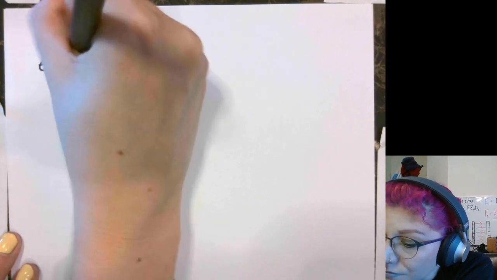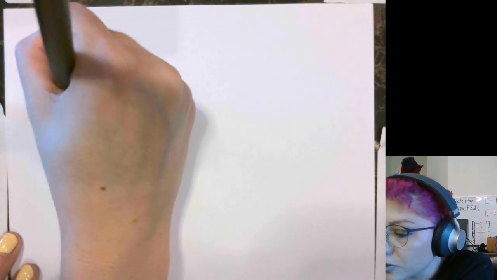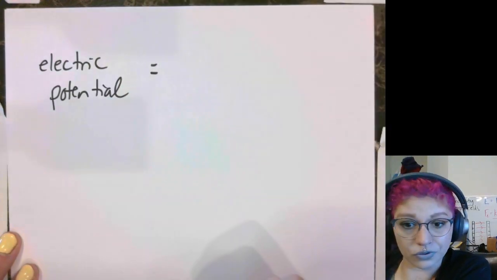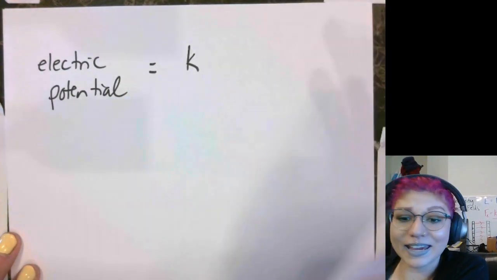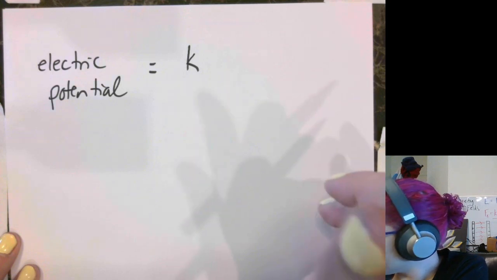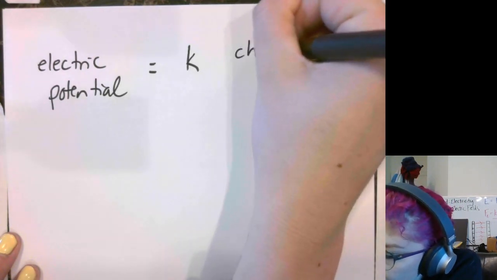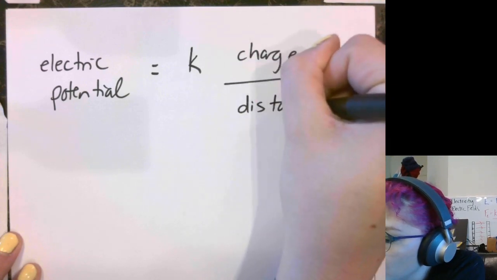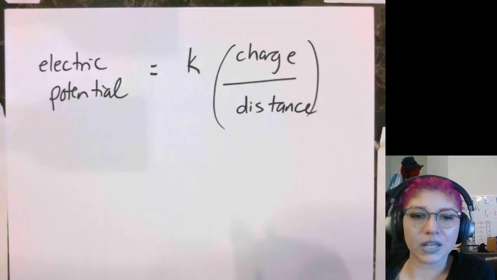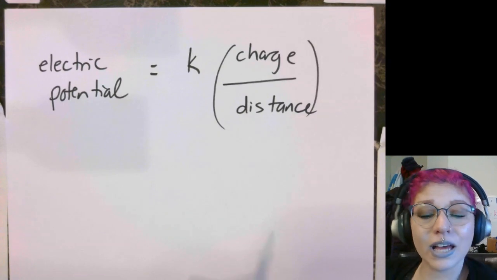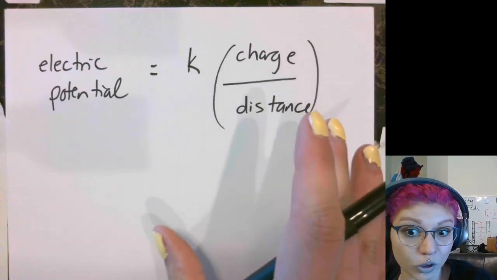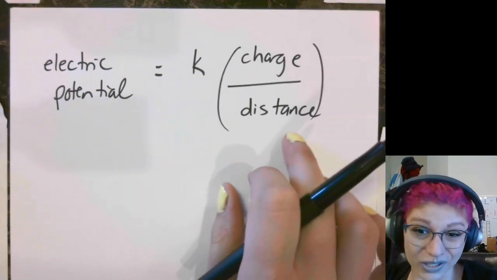But I can define that the electric potential is equal to K, that electric constant, times the charge over the distance. If you're curious how I got this, a few weeks ago we looked at electric fields and we kind of simplified an equation, and that's where this equation comes from.